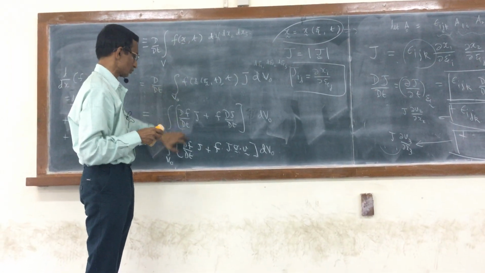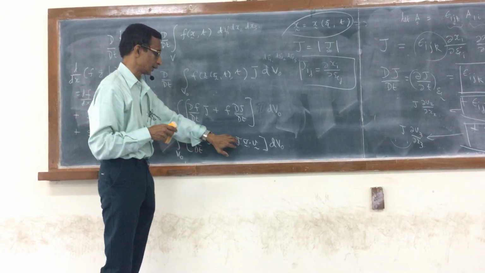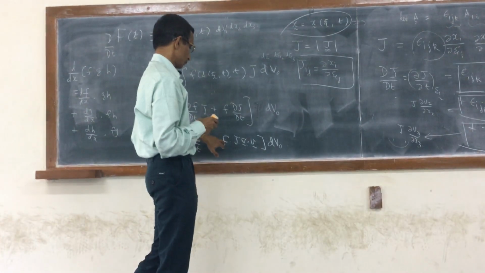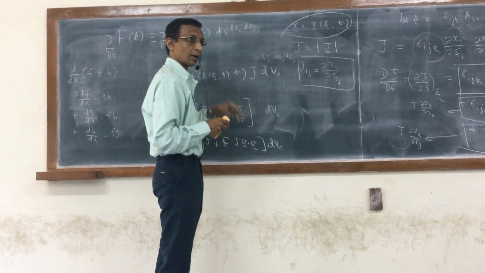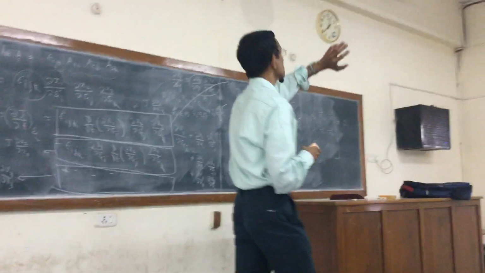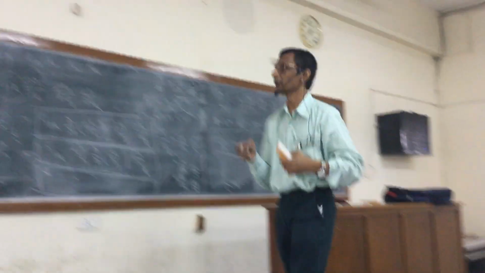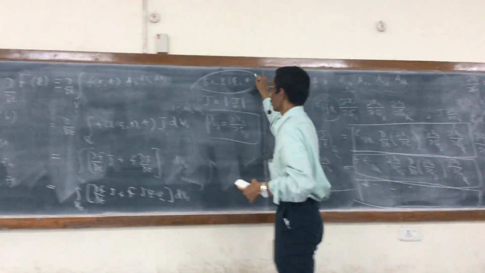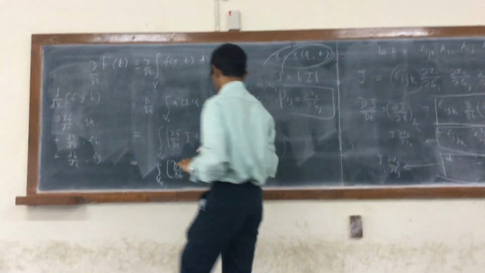So I use the transformation and convert this. J naturally is a function of psi and t. And so here again f is considered expressed as a function of psi and time. But the divergence is expressed naturally in the spatial coordinates. But we understand that it has to be converted to a function of psi and time to evaluate this integral, but that's actually not what we are going to do.